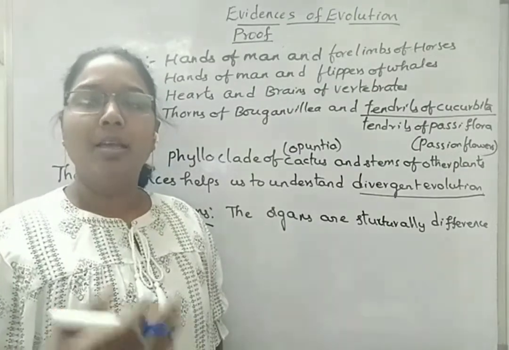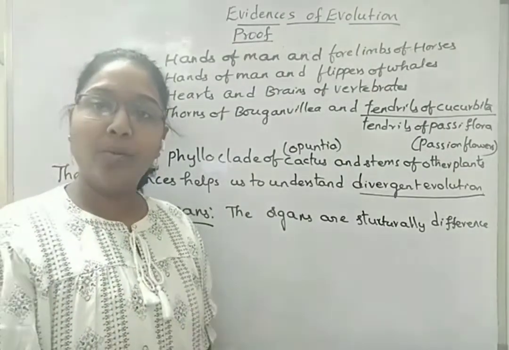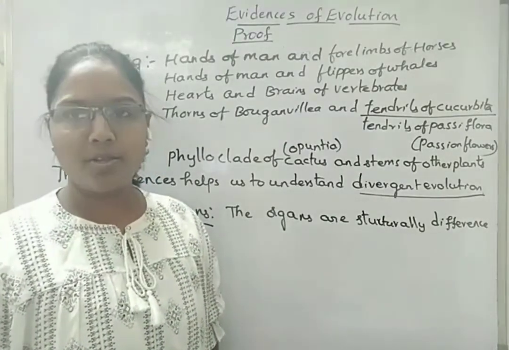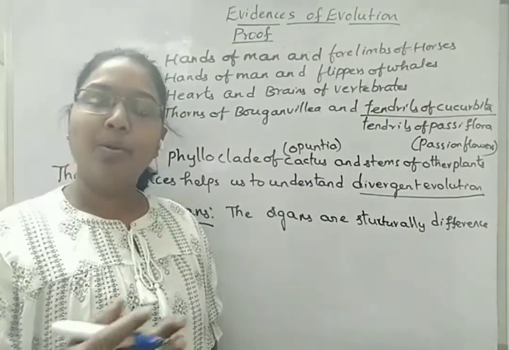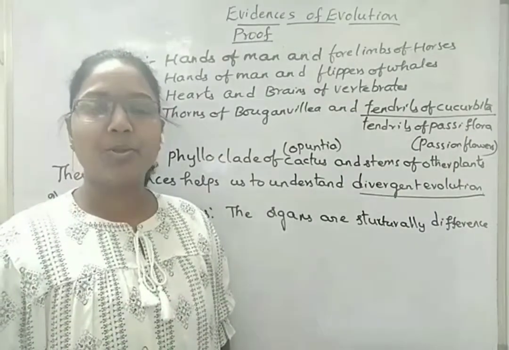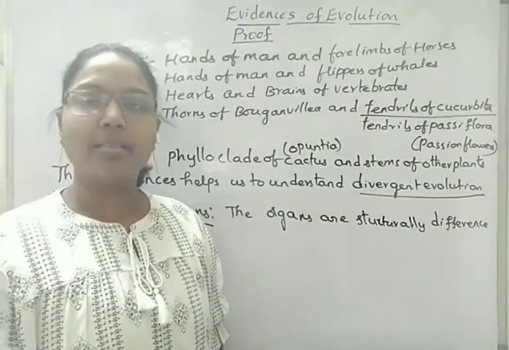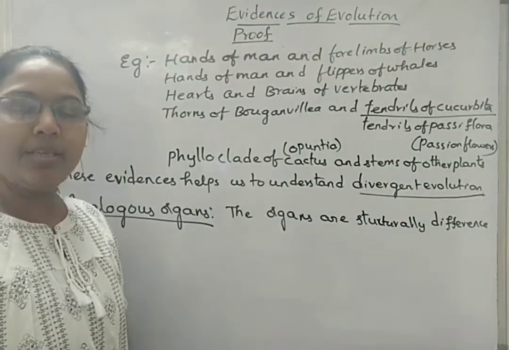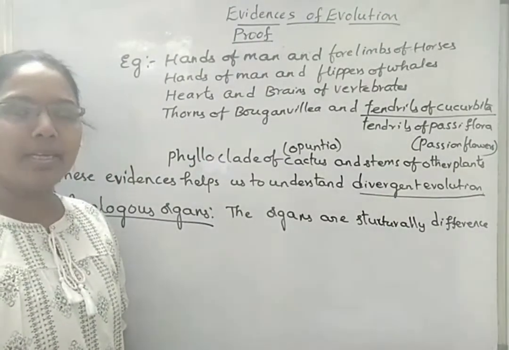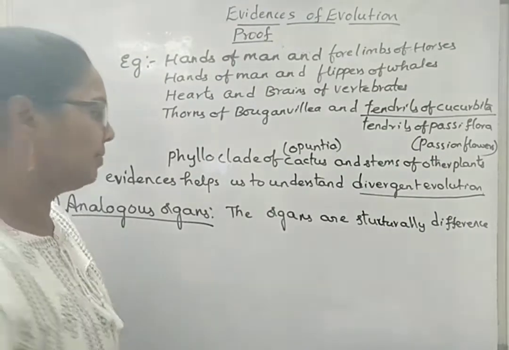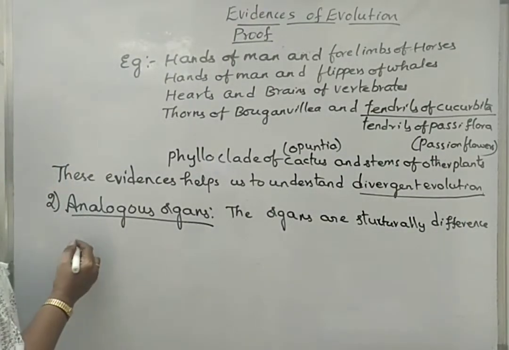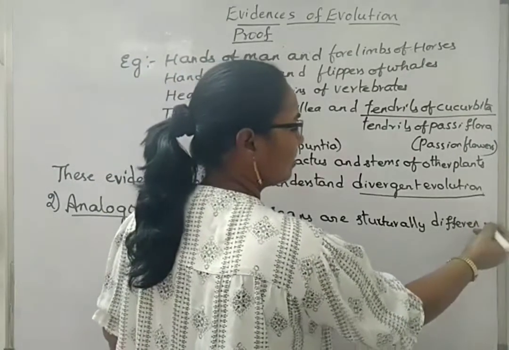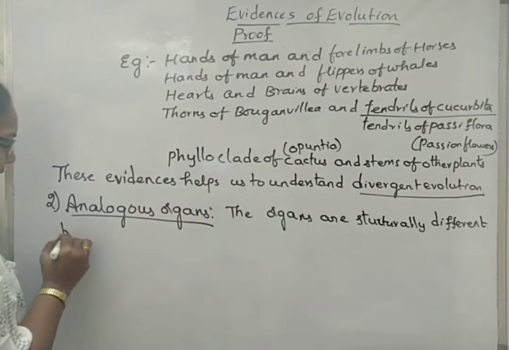For example, whales are in water, penguins are on land and water, and dolphins also live in water. They have different structures, but their functions are the same. Examples are flippers of penguins and flippers of dolphins, structurally different but functionally the same.